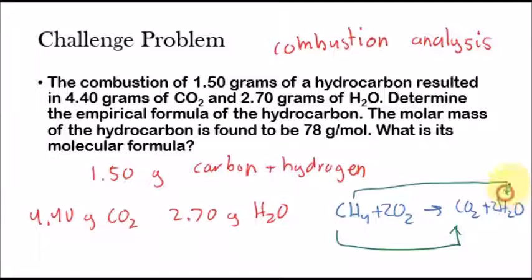So what we can do is find out how many moles of carbon are within the carbon dioxide which is created, and then find the moles of hydrogen which are found in the water. We know that that's going to be equal to the number of moles of carbon and the number of moles of hydrogen that we started off with within our hydrocarbon.